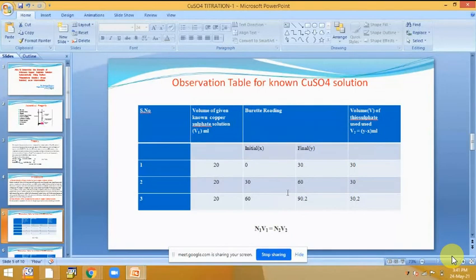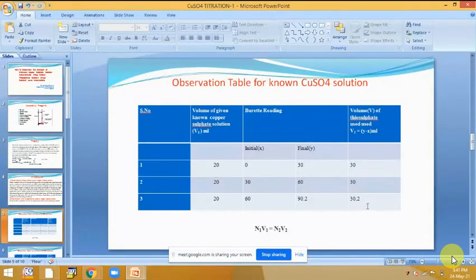The third time, your burette reading starts from 60 and it reaches 90.2, for example, at the end point. So your final reading will be 90.2 minus 60, that is 30.2. Now you see among the 3 readings, 30, 30 and 30.2, that means 30 is your exact reading.